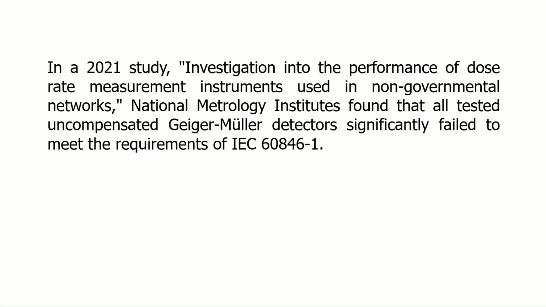In a 2021 study, an investigation into the performance of dose rate measurement instruments used in non-governmental networks, National Metrology Institutes found that all tested uncompensated Geiger-Müller detectors significantly failed to meet the requirements of IEC 60846, Part 1.